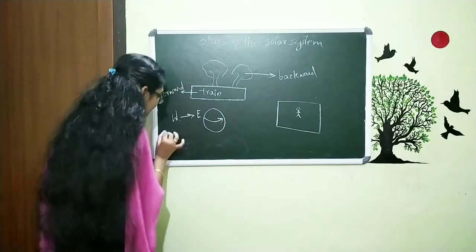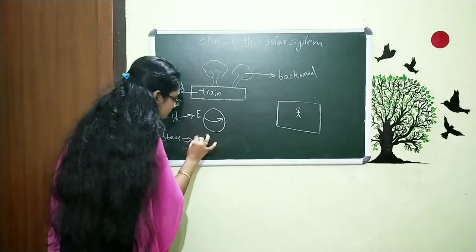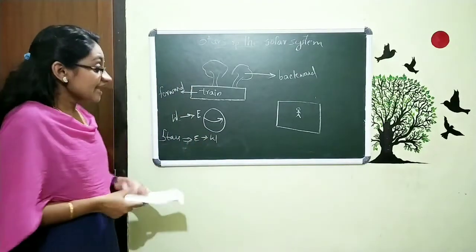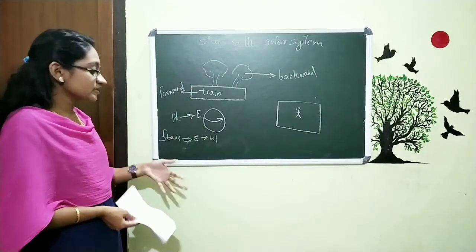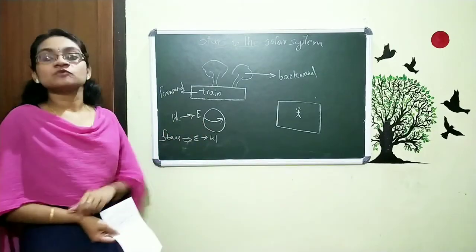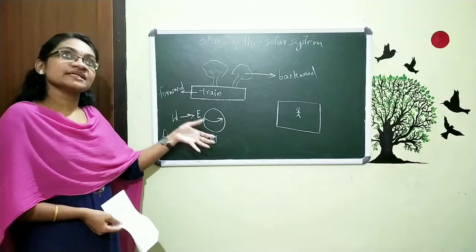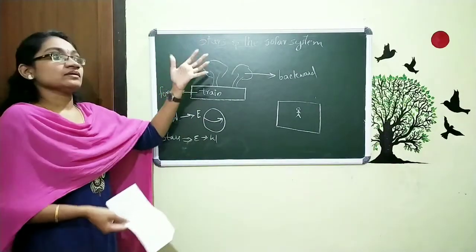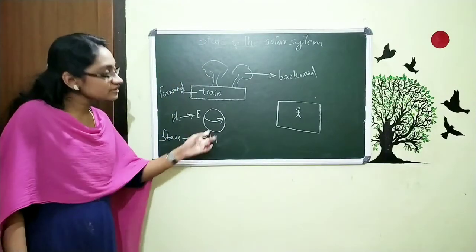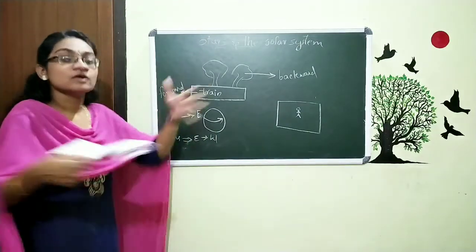That is, we feel stars are moving in the east to west direction. That's how we feel it. Actually, the stars are not moving. Who is moving? The earth is moving and we are moving with the earth. So when we are observing the sky, we feel like these stars are moving. That is an apparent feeling. Actually what's moving? Our earth is revolving. Because of that we feel like stars are moving from one place to another.